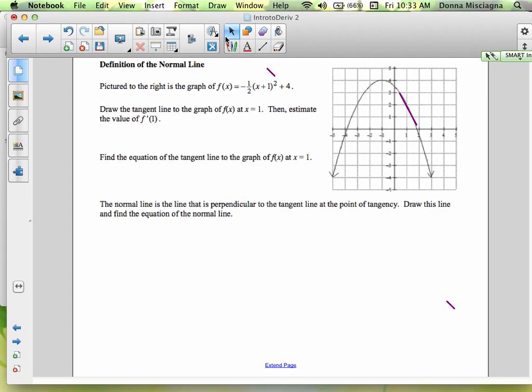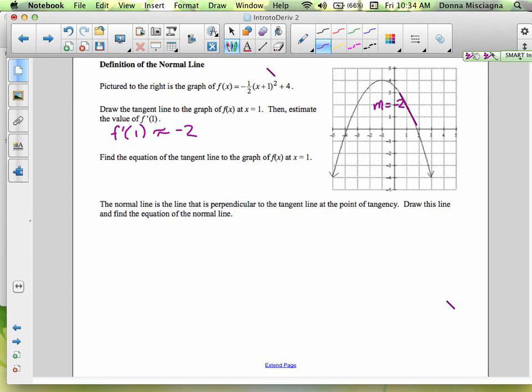That looks reasonably good. All right, so this appears to be going down to the right. I go from like a half to 1.5, so I would say that is a slope of negative 2. So that means that f prime of 1 is approximately negative 2.